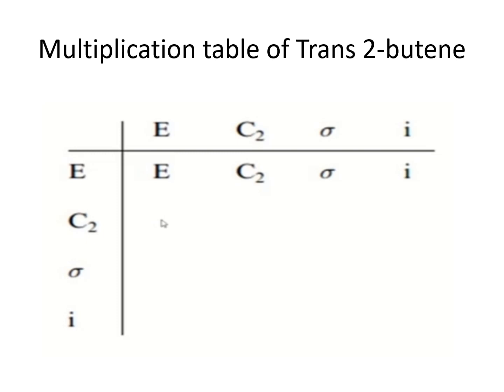Now let us talk about the last symmetry operation, which is inversion center. If we multiply inversion center with identity, then the result would be inversion center, and we know it quite clearly.